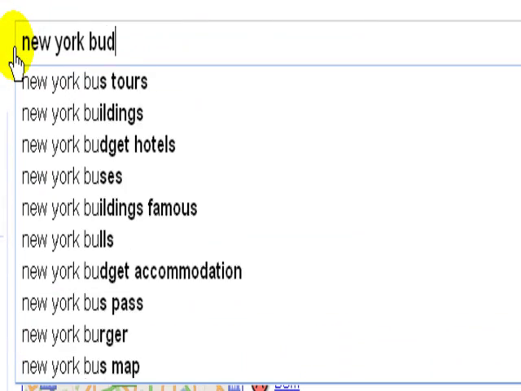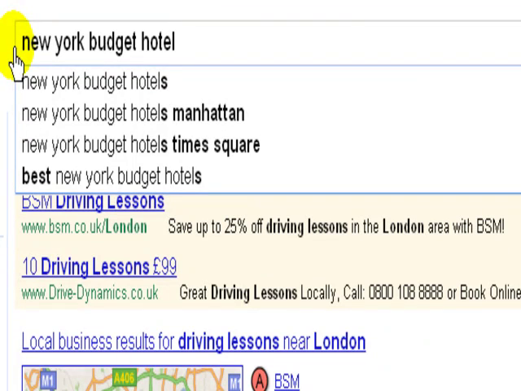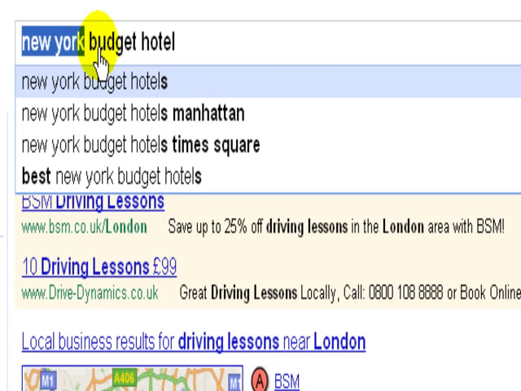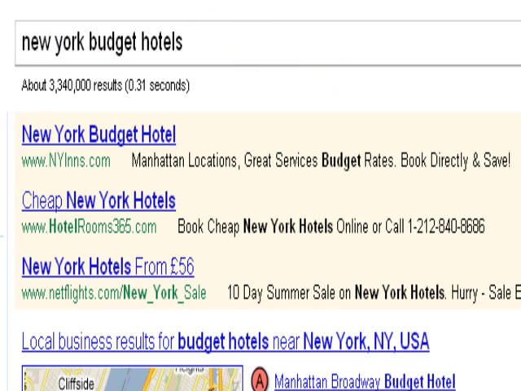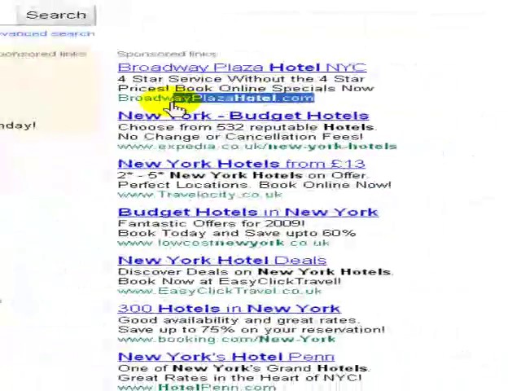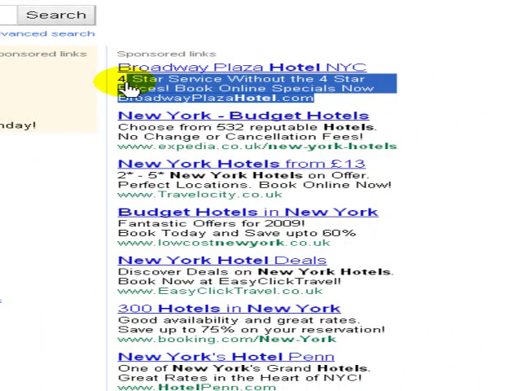New York budget hotel. So you can tell a couple of things here, stating the obvious. I'm looking for a hotel in New York and I'm on a budget. So anyone who runs a top class expensive hotel who's looking for that sort of exclusive clientele shouldn't really be appearing here. So the Plaza Hotel, 4-star, not what I'm interested in at all.